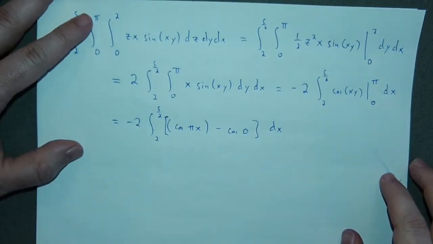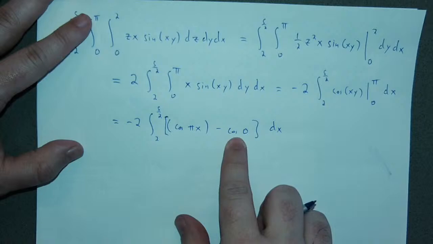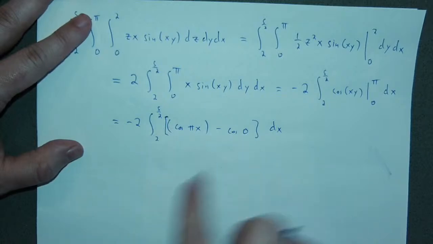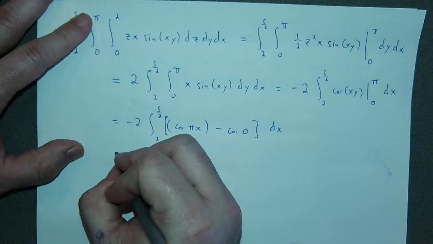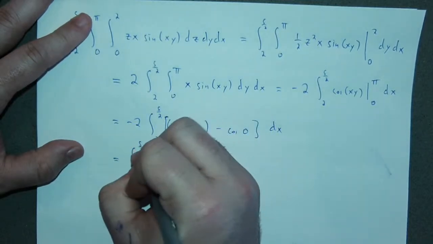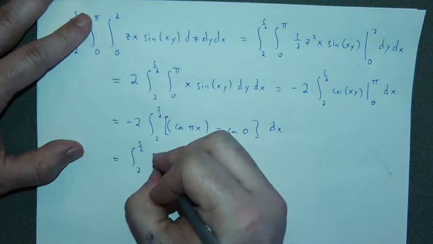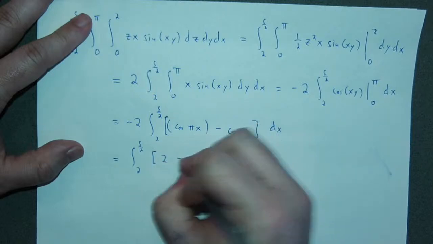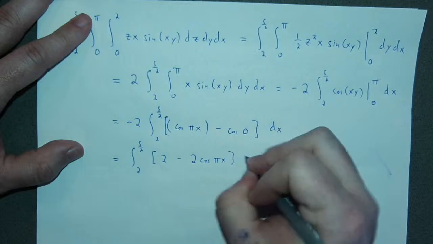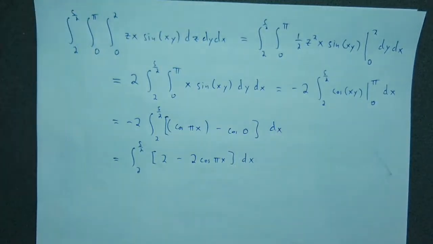Cosine 0 is 1, so this is cosine pi x here. If I distribute this, this is the integral from 2 to 5/2 of 2 minus 2 cosine pi x dx.